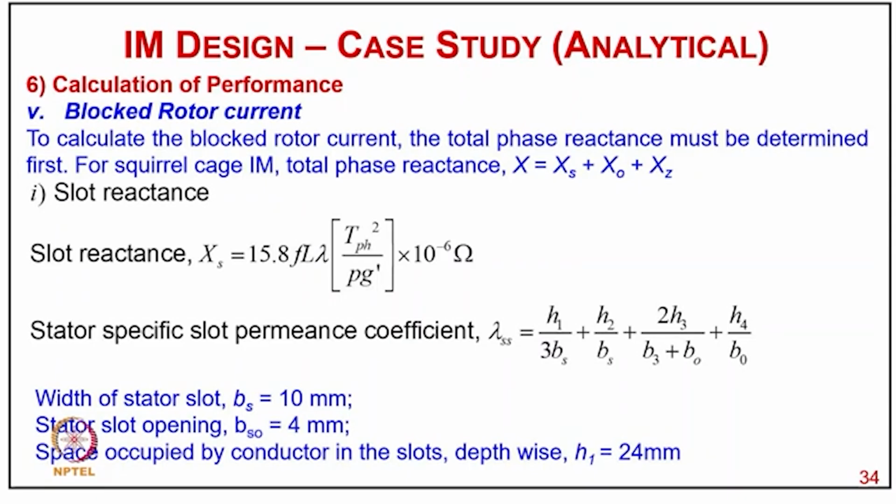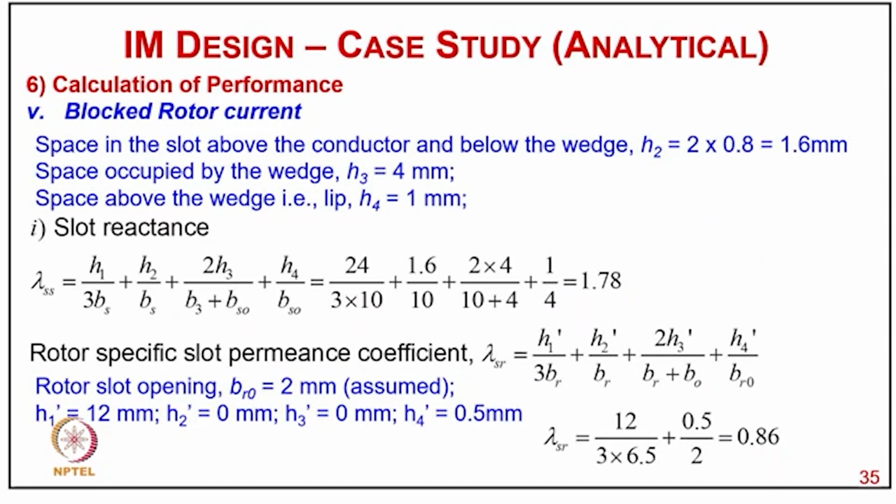Here we already have the slot dimensions: the width of the stator slot is BS equal to 10 millimeter, the stator slot opening is BSO equal to 4 millimeter, and the space occupied by the conductor in the slot, H1, is 24 millimeter. The space in the slot above the conductor and below the wedge is H2 equal to 2 into 0.8, that is 1.6 millimeter. The space occupied by the wedge, H3, is 4 millimeter, and the space above the wedge lip, H4, is equal to 1 millimeter.